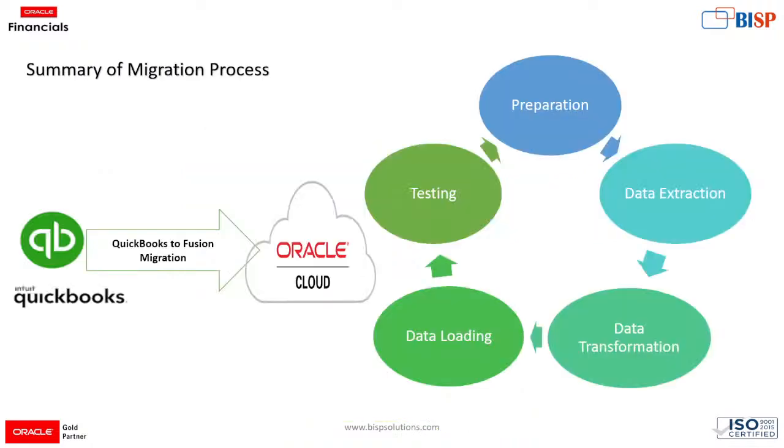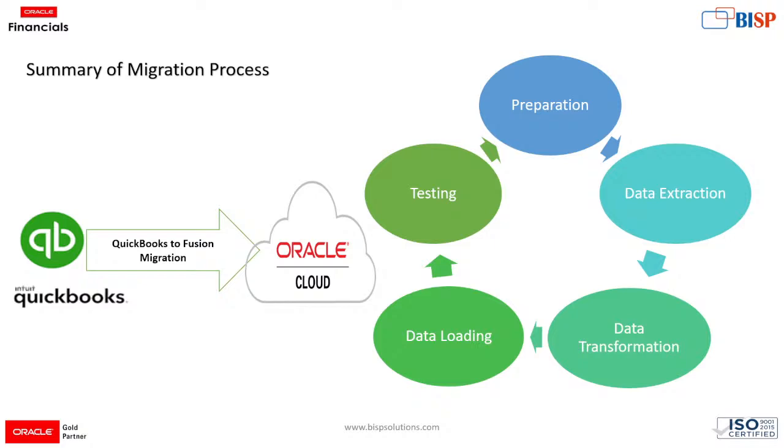So, a quick summary or recap of the steps for migrating the entire QuickBooks process to Oracle Fusion. The first step is preparation. Under this, review the current QuickBooks setup, which includes chart of accounts, customer and vendor details, inventory and other financial data.